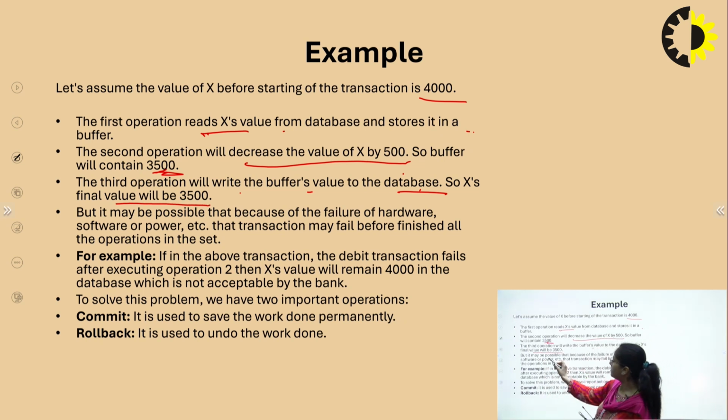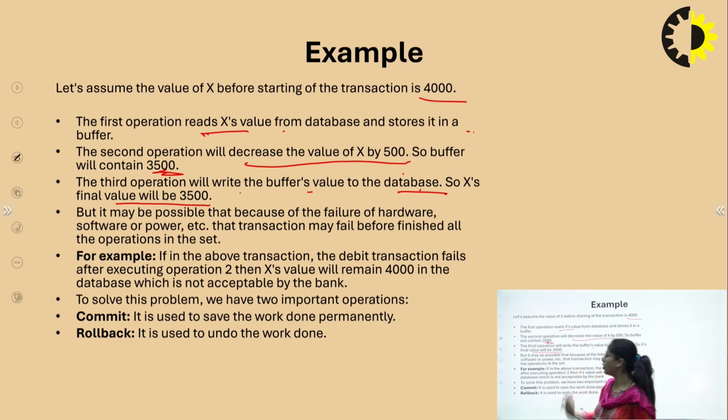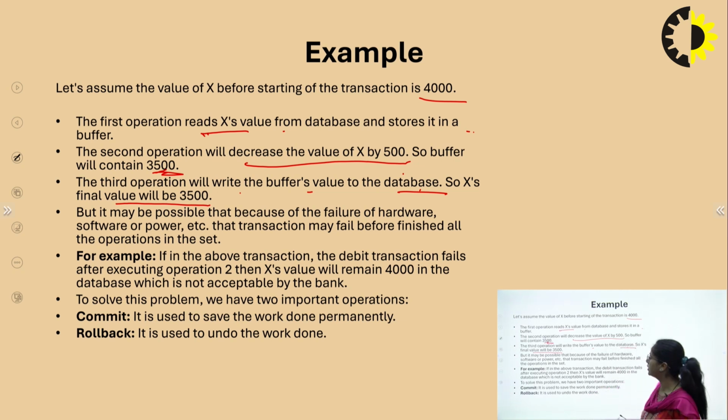But it may be possible that, because of failure of hardware, software, or power, the transaction may fail before finishing all the operations in the set. Sometimes failures occur during the operations of the transaction, so we fail to write the value to the database.